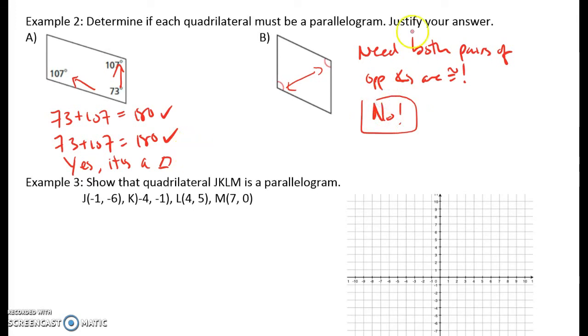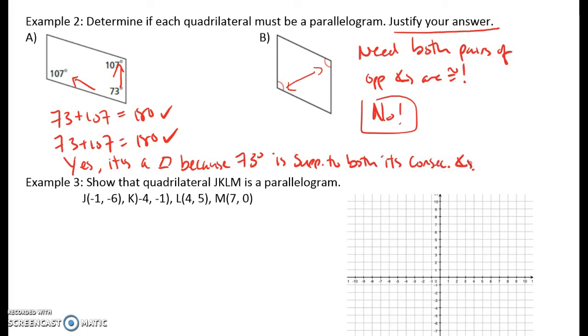So here, again, when it says justify your answer, we want to add in the because. So let me go back and add that in right here. All right, so again, 73 is supplementary to both its consecutive angles, so yes, it's a parallelogram. No, because we need to know both pairs of opposite angles are congruent.